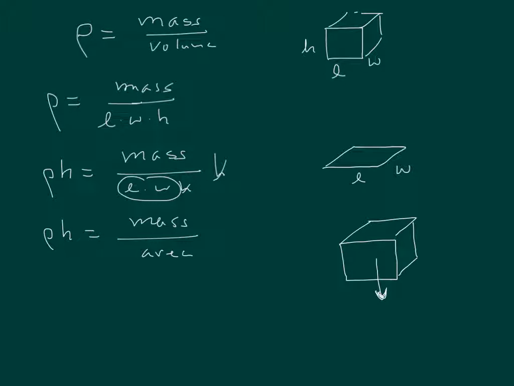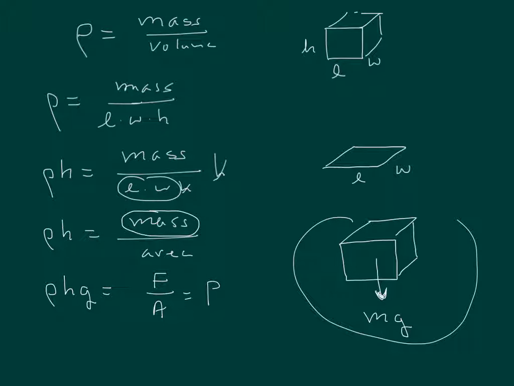What force does it exert down? Well, its force would be mg. We have the mass here. So if we took rho times h times g, then we would have the force per unit area, and we would have the pressure that this area exerts.